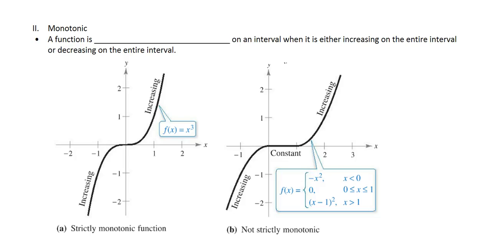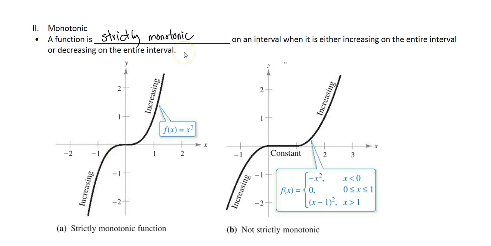So there are some special functions which are always increasing or always decreasing, and those are what are known as strictly monotonic functions. So strictly monotonic functions are either increasing or decreasing on the entire interval. So for example, this one right here, f of x equals x cubed, would be strictly monotonic because it's increasing on the whole interval.